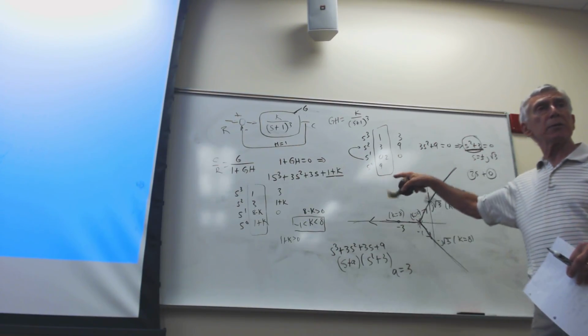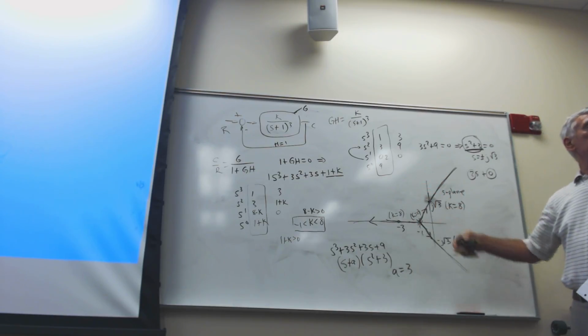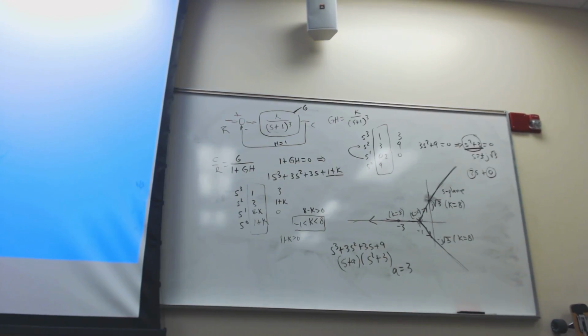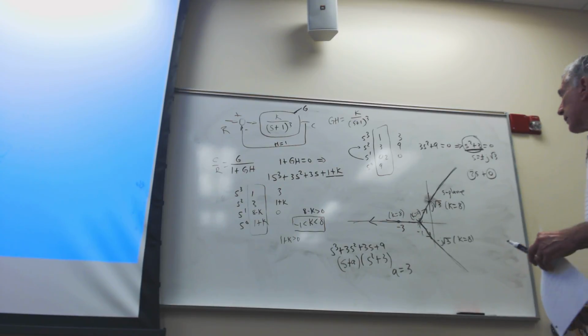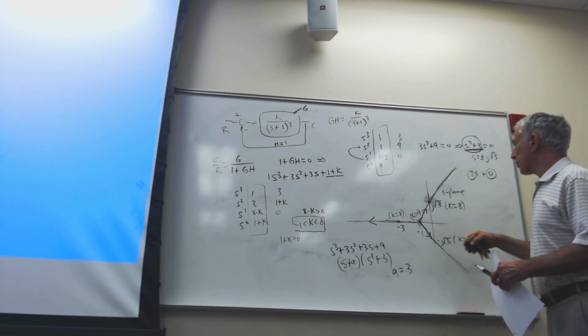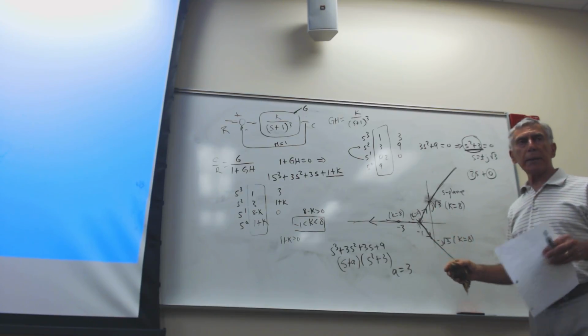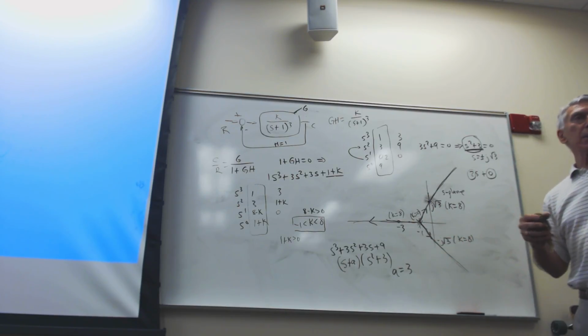Are there any questions about this example here? Something you'd like to ask? Yeah. What if k goes from 0 to negative infinity? Would the graph reverse direction? It reverses direction in some sense.